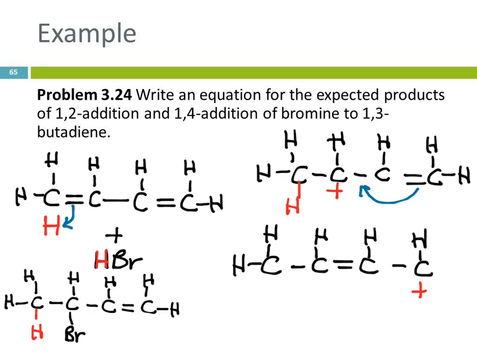All these hydrogens are staying in the same place, and we've got that red one that we added already. To get the 1,2 addition, the bromine added to this carbon. But because this can rearrange, there's resonance, and we can get the carbocation moving over here. The other product we get is with the bromine adding to the 4th carbon.